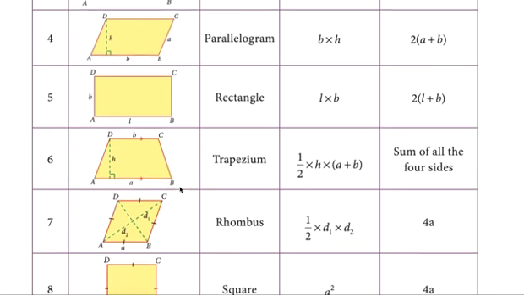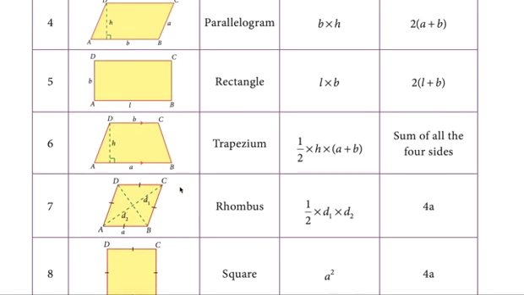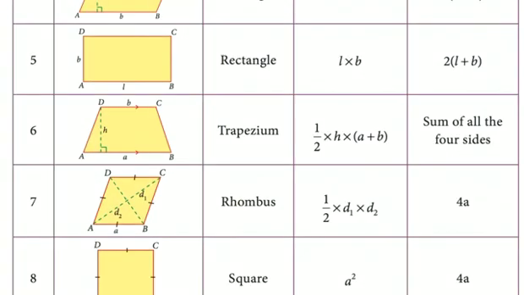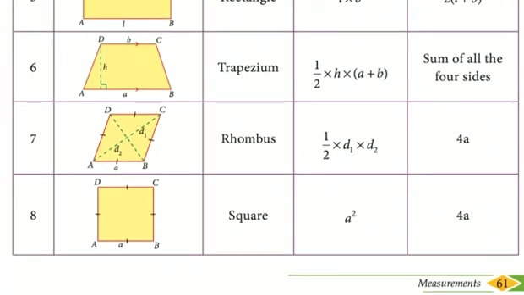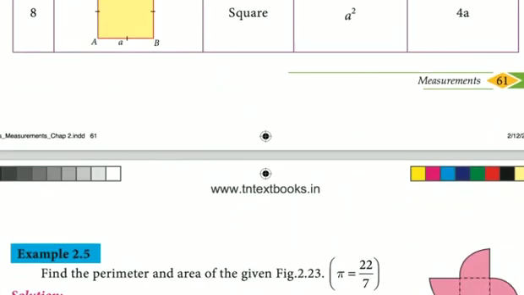Trapezium, half h into a plus b. So trapezium is half h into a plus b. Rhombus, half d1 into d2, where d1 and d2 are the diagonals. Square, a square.